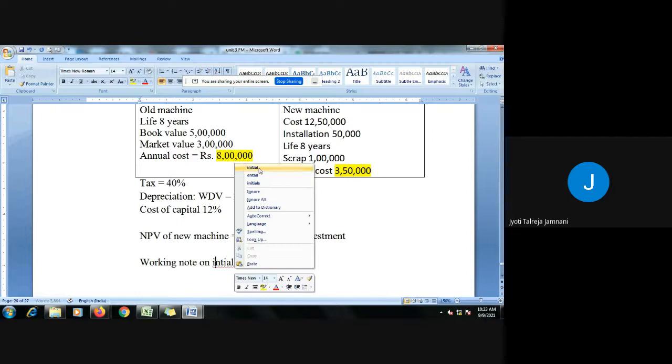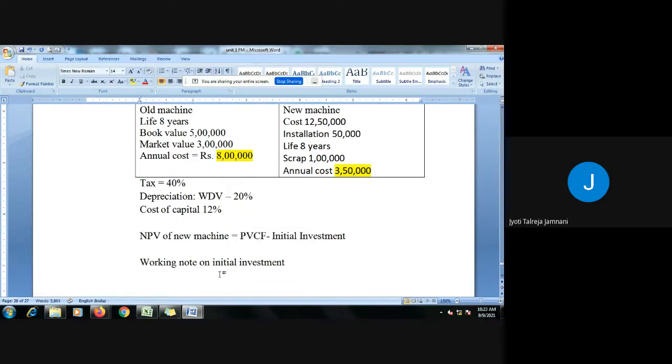So let's say cost of new machine, rupees 12 lakh 50,000. Then you have installation charges, rupees 50,000.